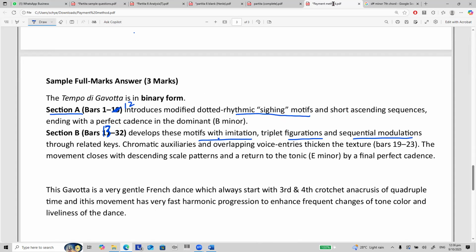Bar 13 to 32, he introduced the motif with imitation, which we discussed just now, triplet figuration and sequential modulations. There are voice entries that thicken the texture in bar 19 to 23, and the movement closes with descending scale patterns and returns to E minor by a final perfect cadence.